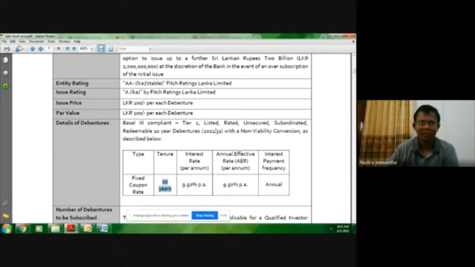How much you have invested doesn't matter. Don't worry about the amount. What pricing? Pricing I don't know. I can tell you the rate. What's the rate? 9.50%. Now remember, we have discussed this.